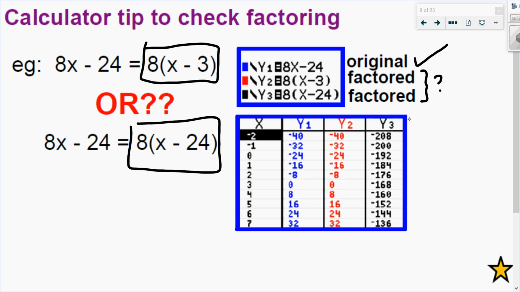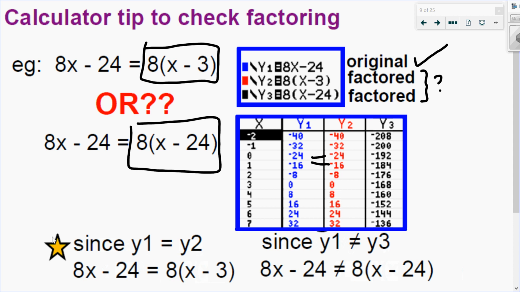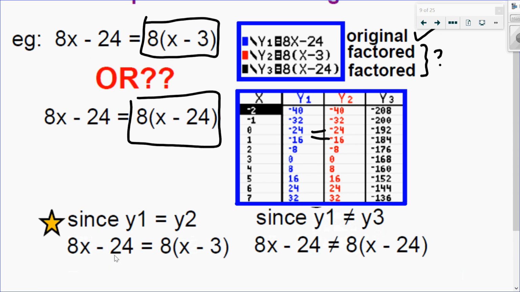The check always happens in the table. And I can see in the table that y1 equals y2, so I know that the first one is right. So since y1 equals y2, I know that 8x minus 24 is equal to 8 times x minus 3. So you can always check your factoring in the table, and just remember that the check always happens in the table.